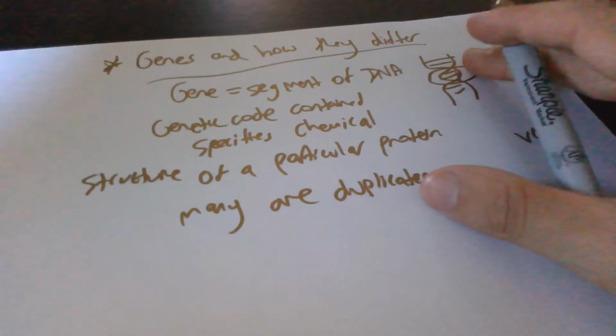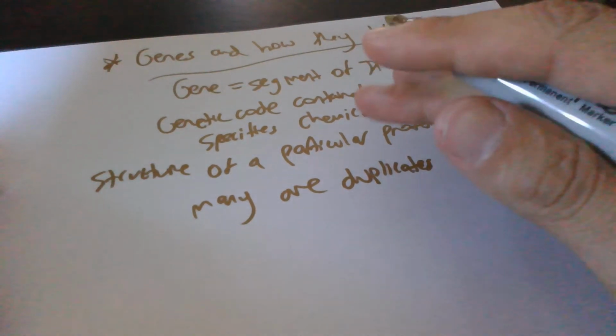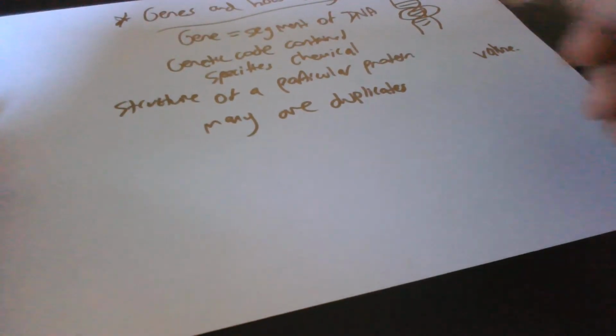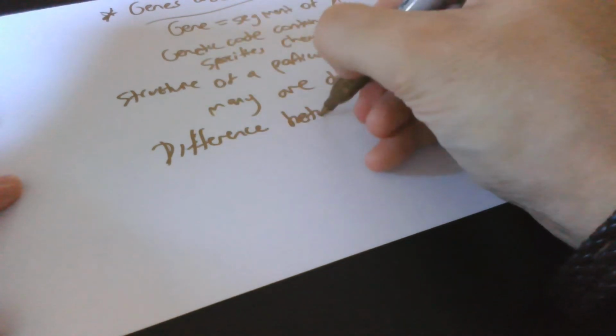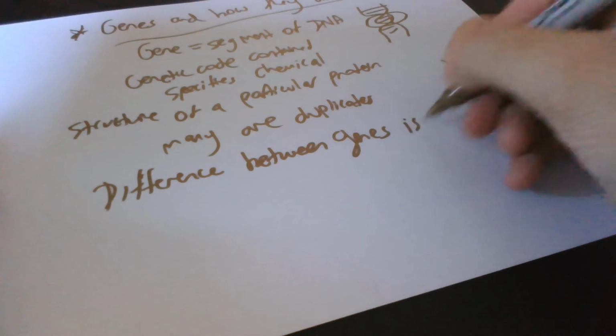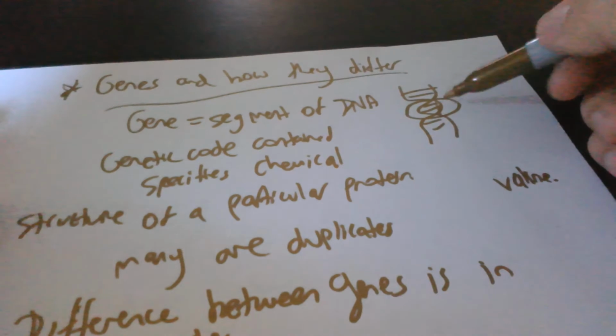So in terms of gene structure, the difference between genes is in the order of the bases and the length of the DNA strands, right? So that's how they differ. The difference between genes is in the order of bases, right? Remember how I said a lot of them are duplicates, a lot of them are the same.